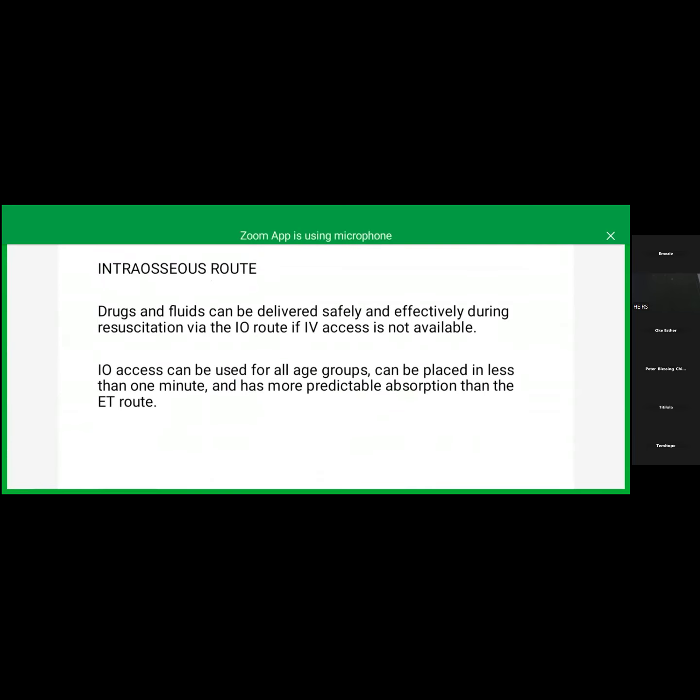Here you don't need to bother yourself about this one. It's just another route we can use to administer drugs. Intraosseous means administering the drug through the bone. We use a special device, a drilling machine, which will attach a special intraosseous needle to it, and we just use it to pierce the bone, drill the bone, and put the needle or the cannula inside the bone and use it to administer fluid and medication.